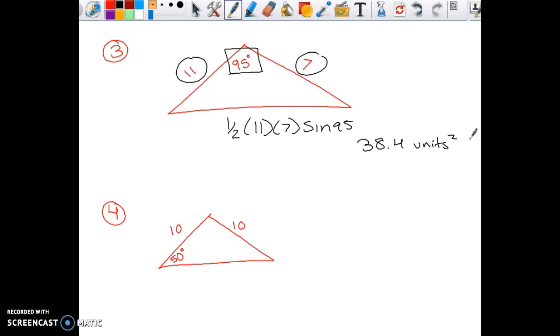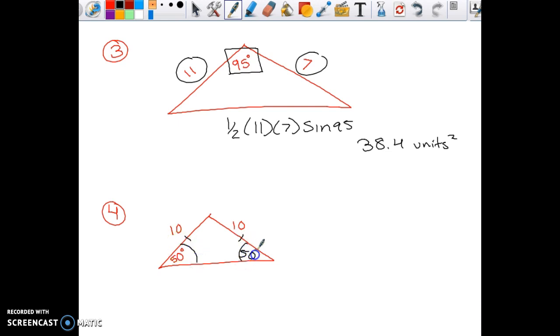The next one, I do not have two sides surrounding an angle. I have two sides, but I don't know that included angle. Can I make this formula still work? And the answer is yes, because this triangle is an isosceles triangle. And in an isosceles triangle, if the two legs are the same, then the two base angles are the same.